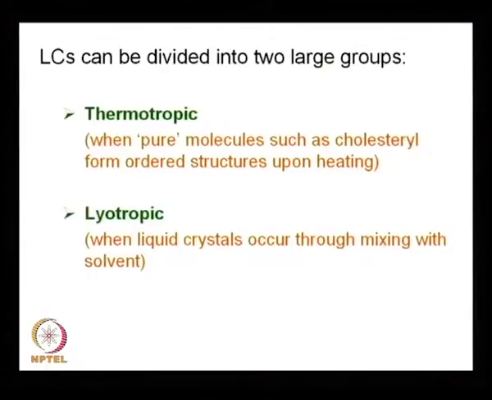On the contrary, if the polymer shows liquid crystalline behavior in solution phase, we call it lyotropic liquid crystalline polymer. So, what have we learned? We have learned categories of classification of these liquid crystalline polymers: nematic low viscosity, smectic or cholesteric high viscosity, or thermotropic or lyotropic. If it is liquid crystalline in melt condition, it is thermotropic. If it shows liquid crystallinity in solution, it is called lyotropic.